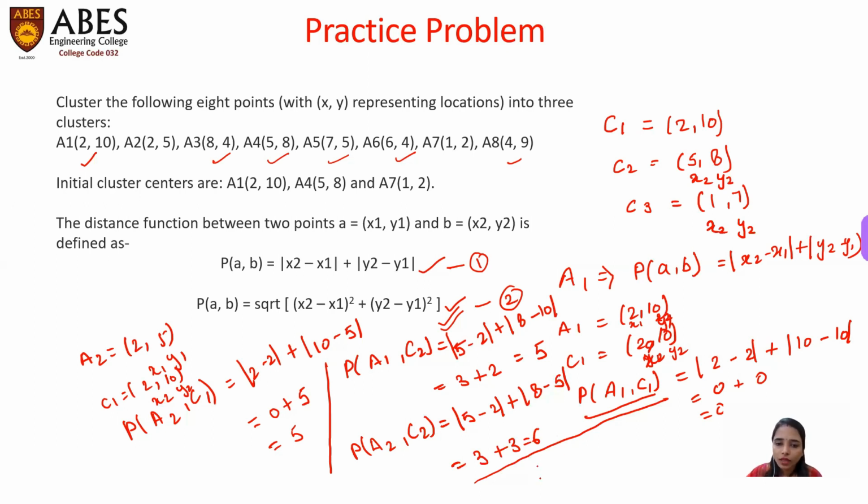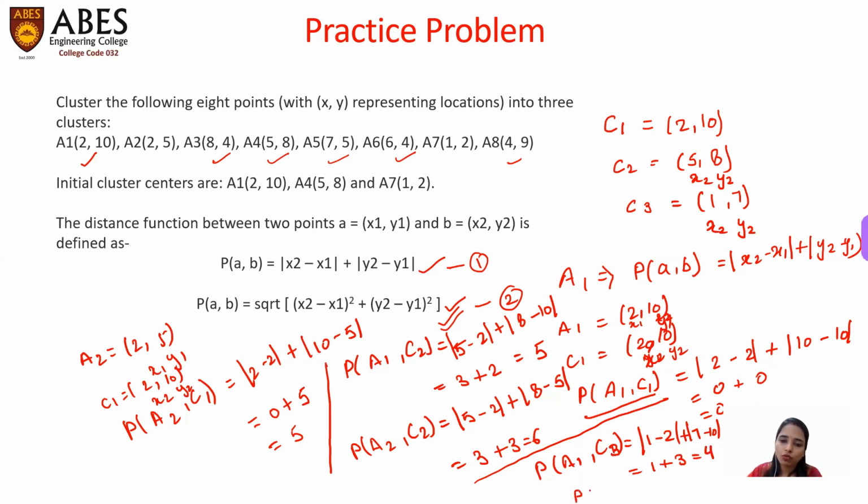So the distance of A1, C3 is equal to x2 minus x1, that is 1 minus 2, plus y2 minus y1, that is 7 minus 10, which is 1 plus 3, because with the help of cardinality we write minus 3 as 3. So the distance from cluster 3 for A1 is equal to 4.